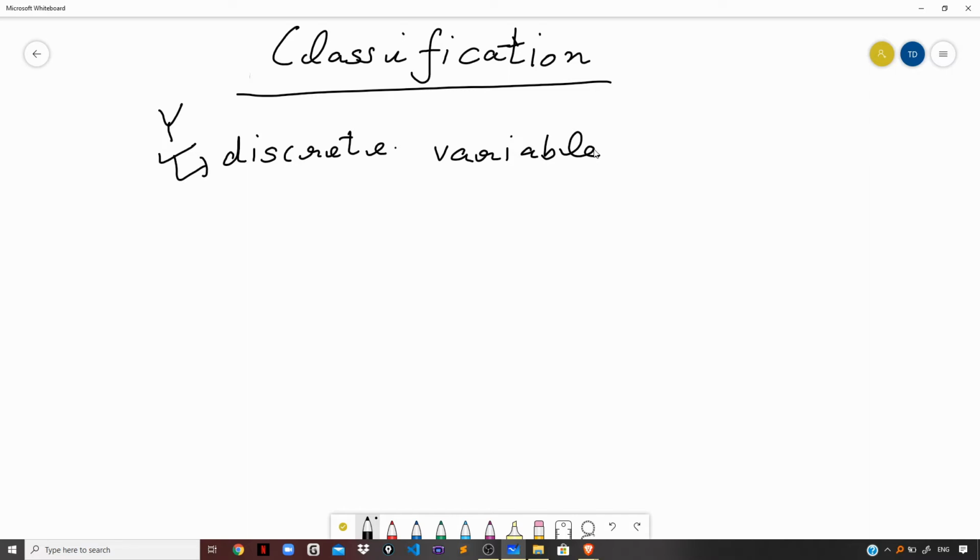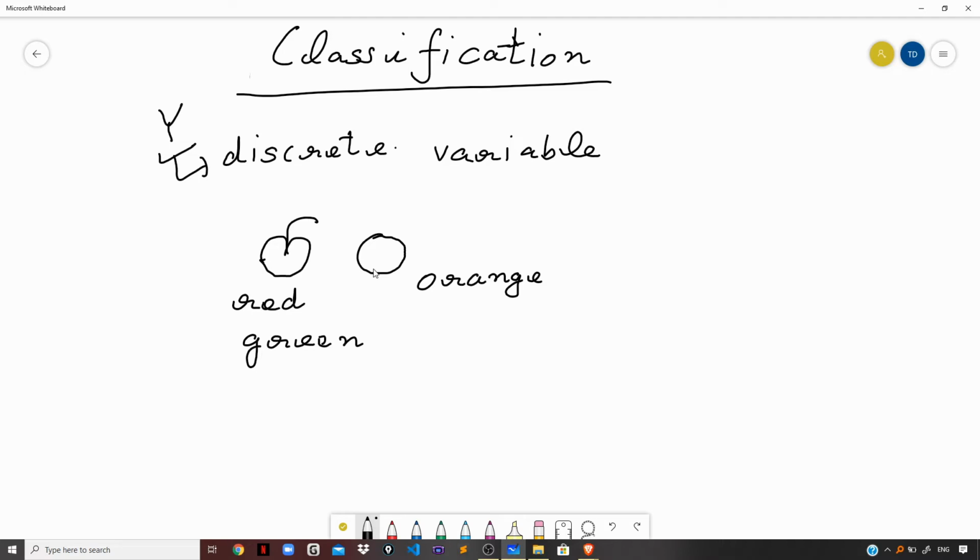Suppose you are given images of two fruits. As you can see here, one is an apple and one is an orange. So you know the features of these fruits. You know that apple can be red in color or it can be green in color, and an orange is orange in color. Both have a round shape, and you need to classify which one is what.